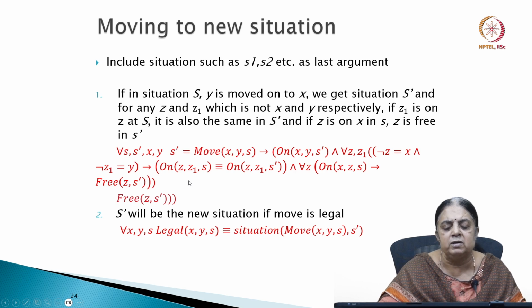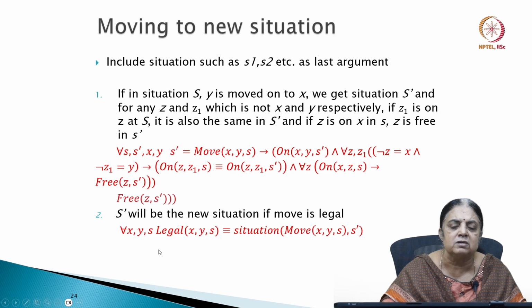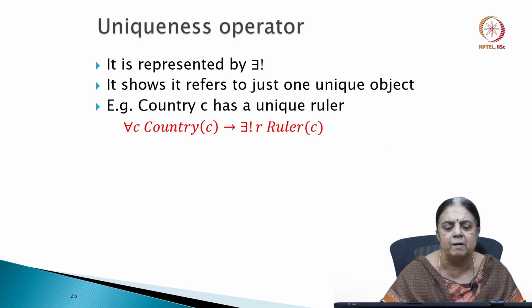So if it was free earlier, it continues to be free. S hat will be the new situation if the move is legal. So if you have a legal move including X and Y, then the situation move(X, Y, S) results in the situation S hat. In this way you can use situation calculus to show how things keep moving from one situation to another situation. That is, you do a particular action, it moves from one situation to another.